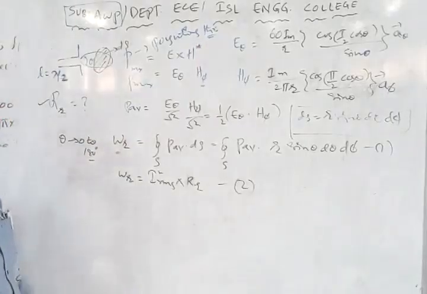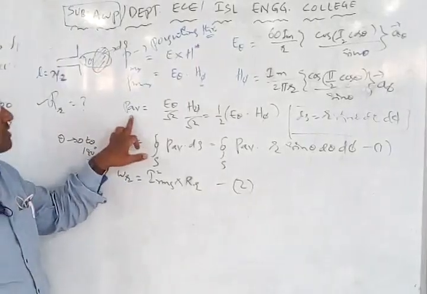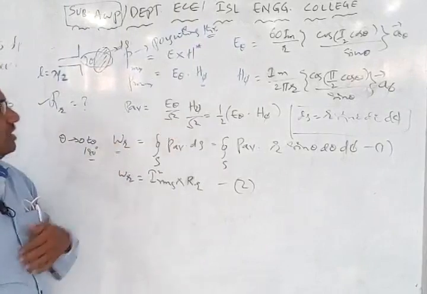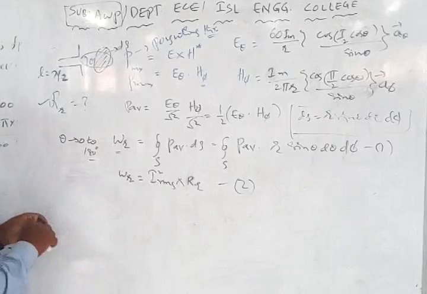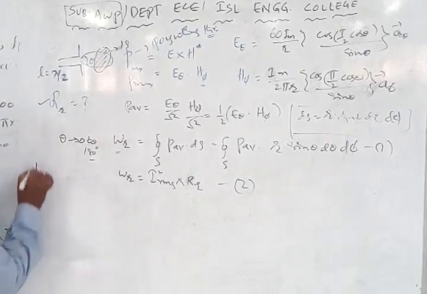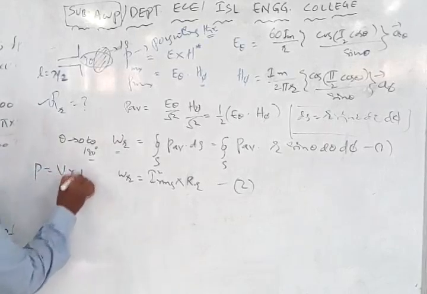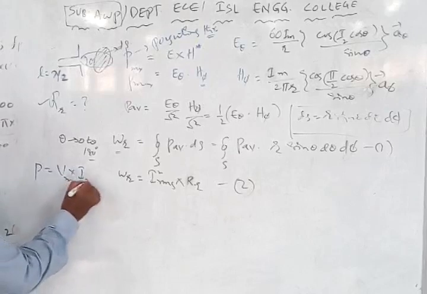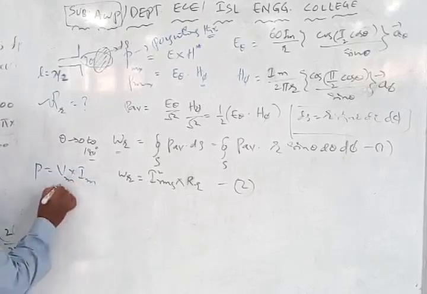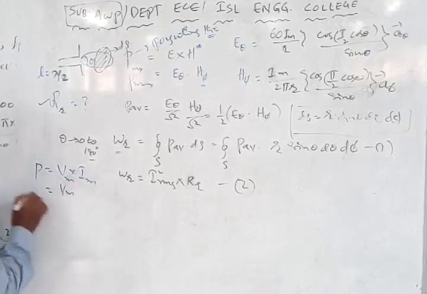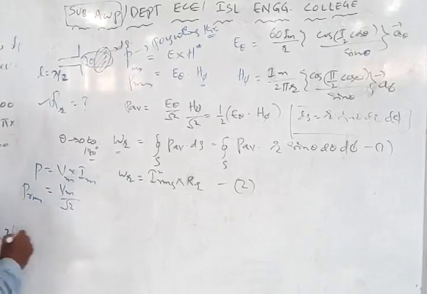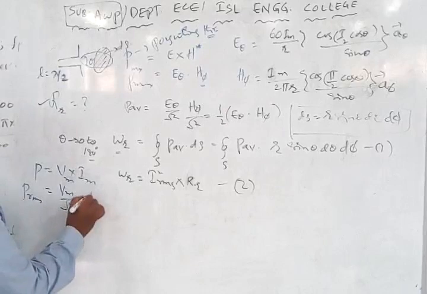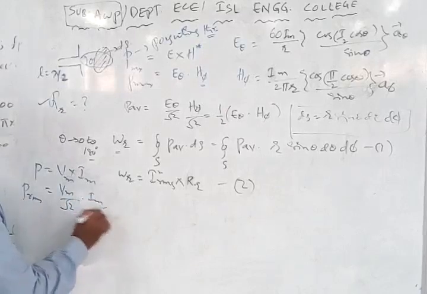Now how do we get the average power? If you write the equation for power, P is equal to V into I, Vm into Im. I want to get an RMS value, so to get the RMS value I can simply write Vm by root 2 and Im by root 2.